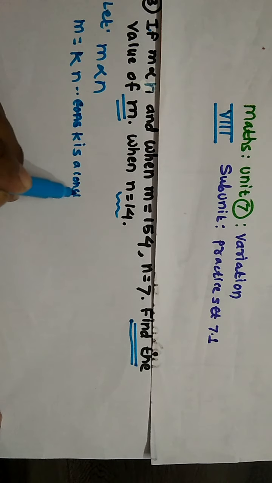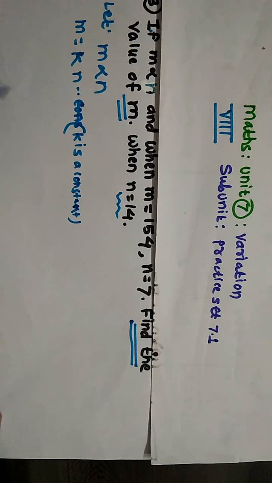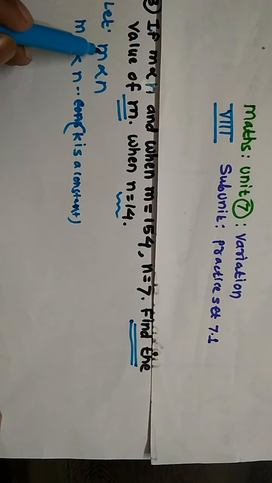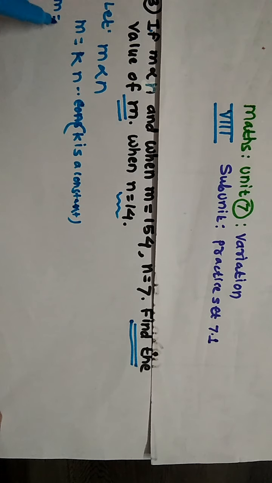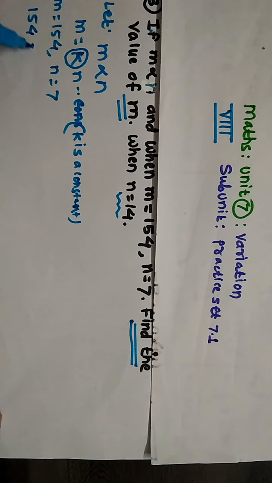K is a constant. Now taking both the values of m and n from the example, if m is equal to 154 and n is equal to 7, substituting values in this equation, we find the value of k. 154 is equal to k into 7.